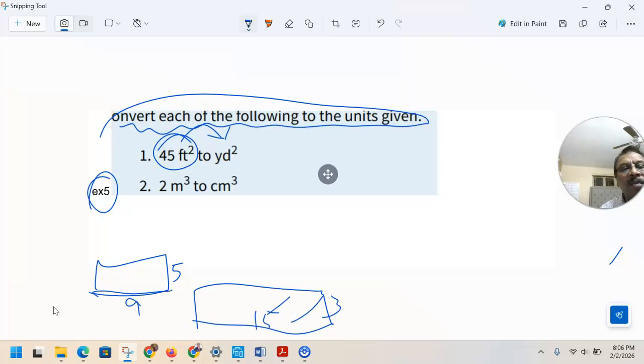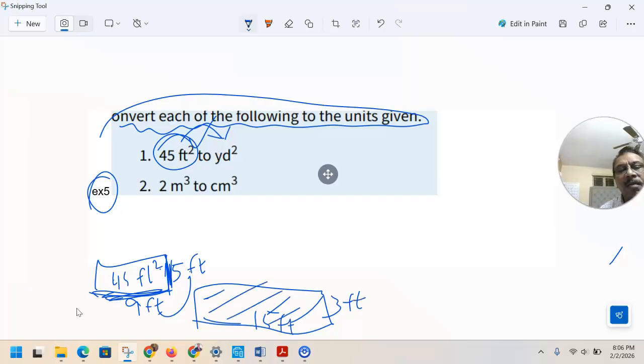But the main thing is that the length is in feet, and the width is in feet, and that's why feet times feet, you get area 45 feet square. The same if you do it like this, maybe this is 3 feet, maybe this is 15 feet. So this area will be 45 feet square.